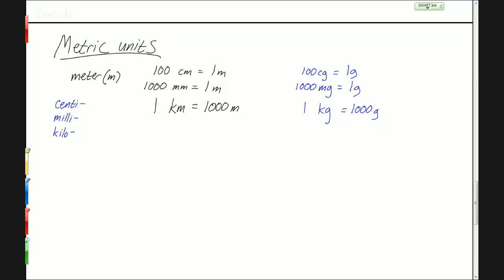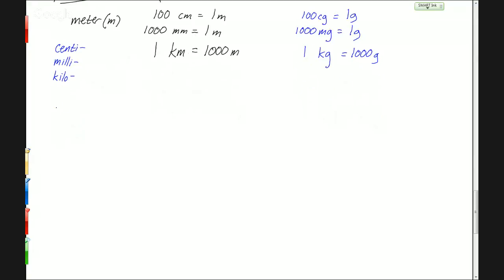So if I said how many centimeters are in 5 meters, and we'll get to how to do that in a second, what should the scale of that number be? It should be a bigger number, right? Because a centimeter is smaller than a meter. So if we've got 5 of these, we should have a whole bunch of little centimeters. So keep those kinds of things in mind as we talk about some of these conversions.